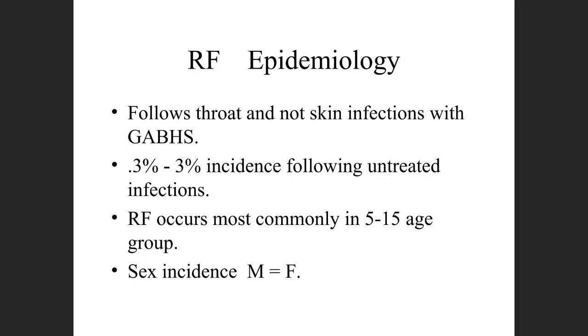The rheumatic fever, in fact, follows throat and not skin infections with group A beta hemolytic strep, and the incidence would be 0.3% or less in the endemic situation, and in the epidemic situation, up to 3% incidence may occur following untreated infections. It occurs most commonly in the 5 to 15 age group, with an overall equal sex incidence.